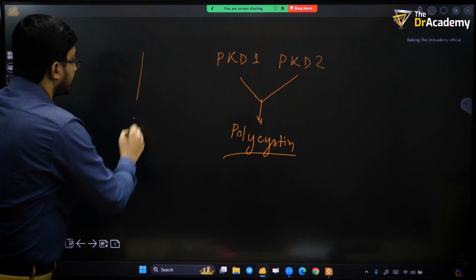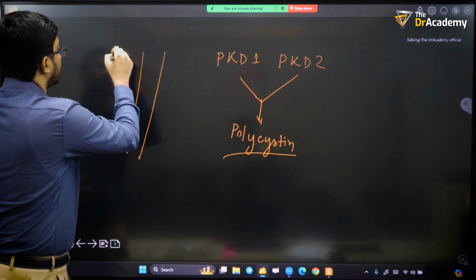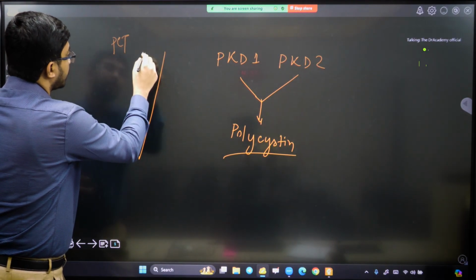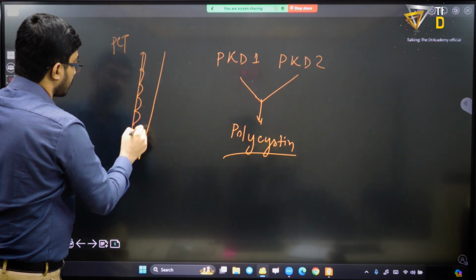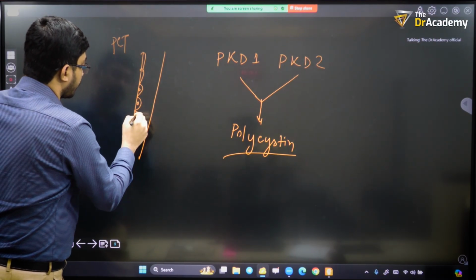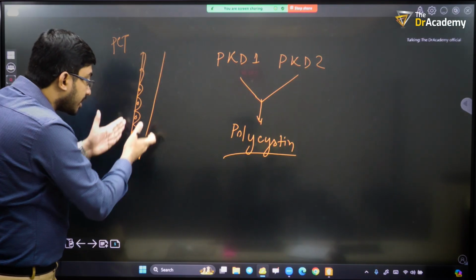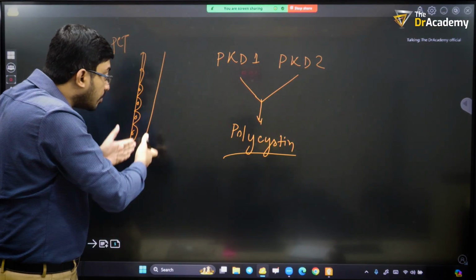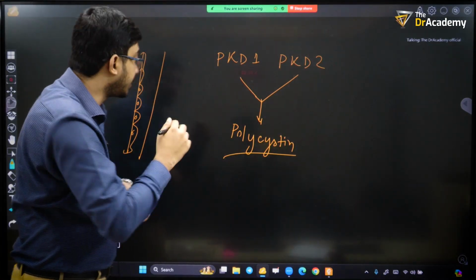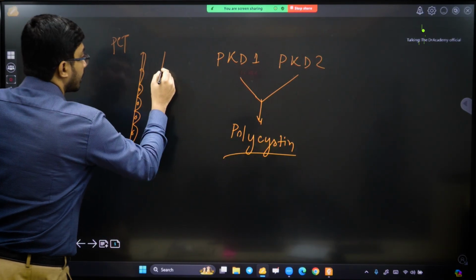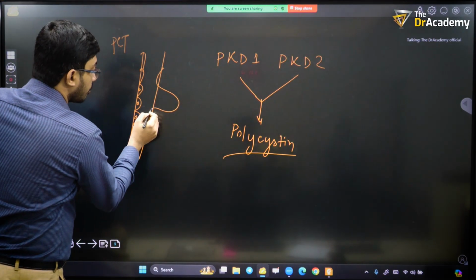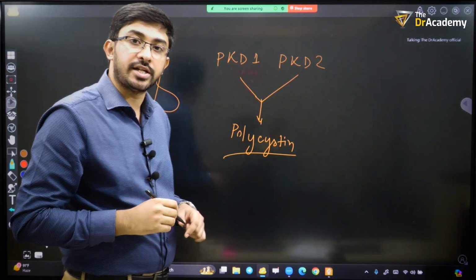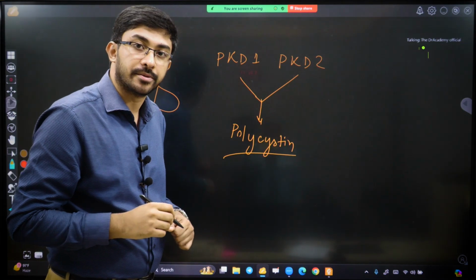Suppose this is the proximal convoluted tubule, when the tubular cells proliferate faster, they cannot elongate more. Okay, they cannot elongate more in longitudinal direction. Rather, they try to form this evaginations or this type of diverticulation.